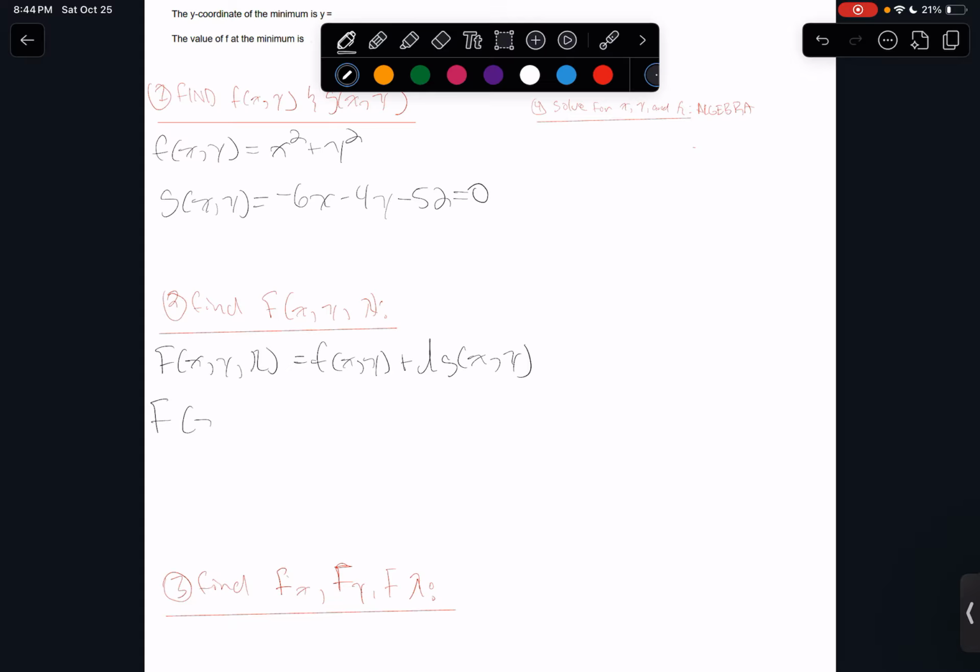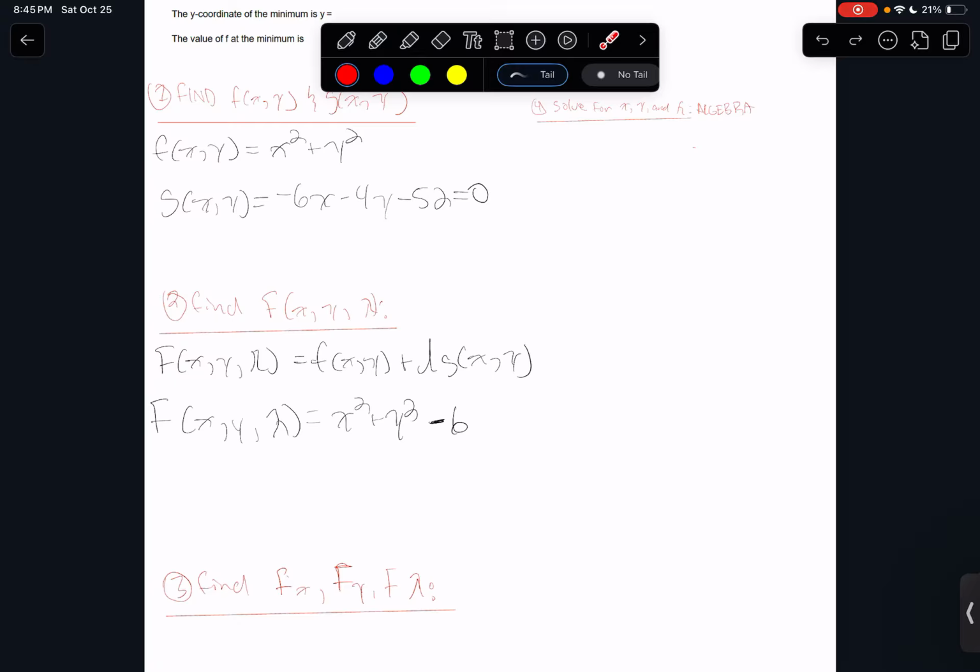When we rewrite this, we'll find that F(x,y,lambda) equals x squared plus y squared, and in this case minus 6 lambda x, because don't forget to multiply lambda to this parentheses here.